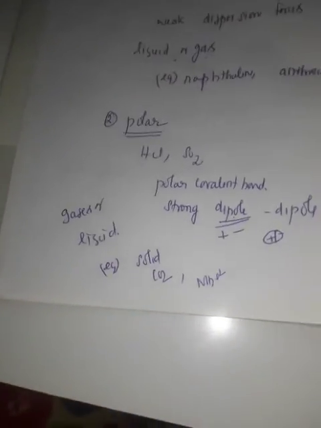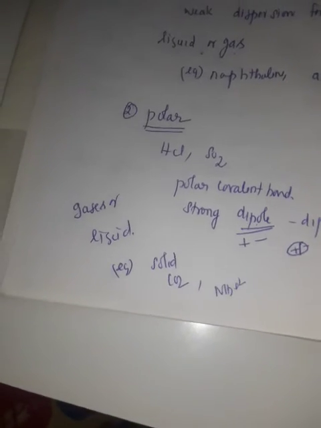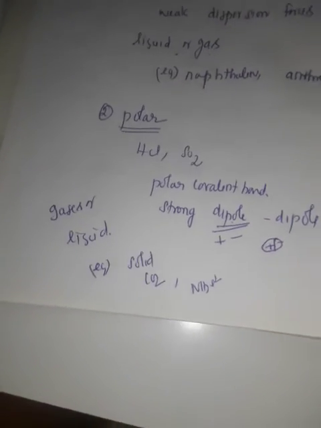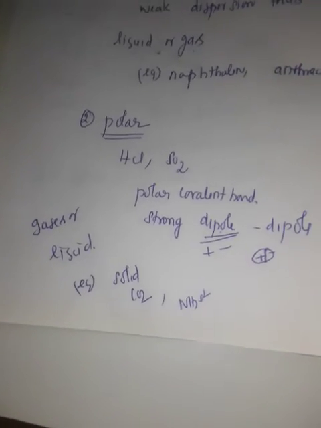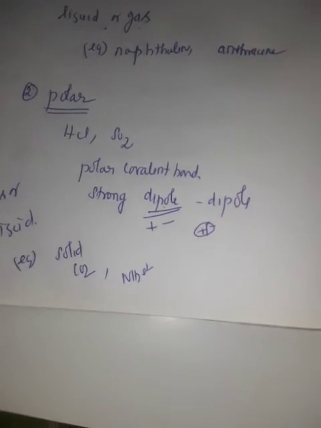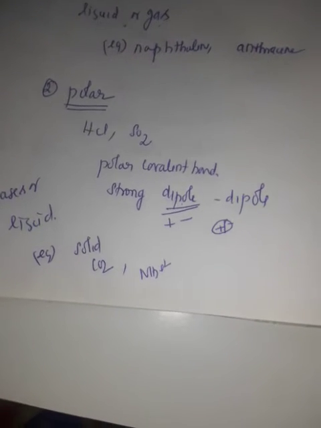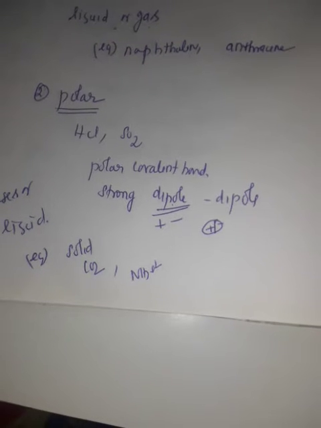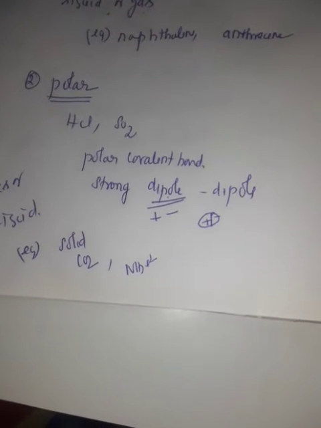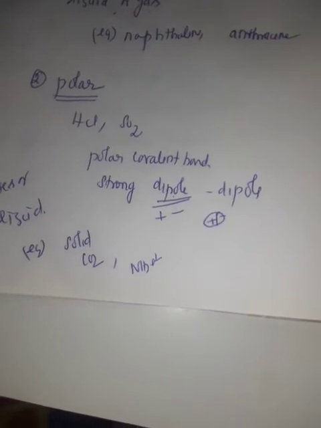Molecules like HCl, SO2 are held together by polar covalent bond, that is strong dipole-dipole interaction. Solids are soft, non-conductors of electricity, have high melting point. Most of these occur as gases or liquids under room temperature and pressure. Example solid CO2 and solid ammonia, etc.